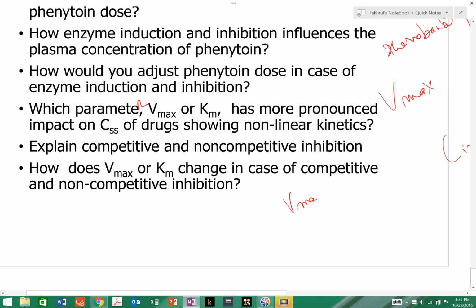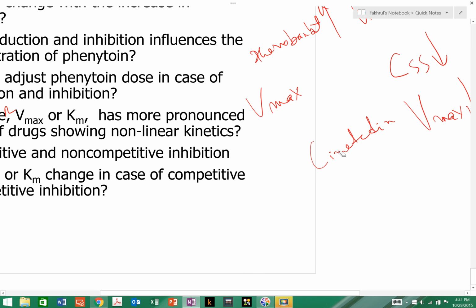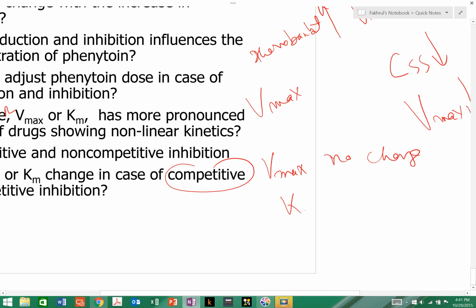In this case, competitive, Vmax won't change. Km goes down.